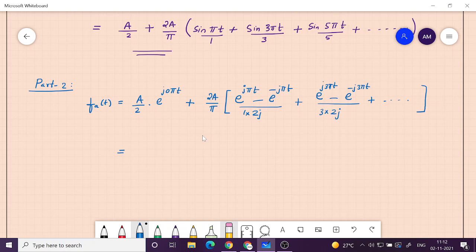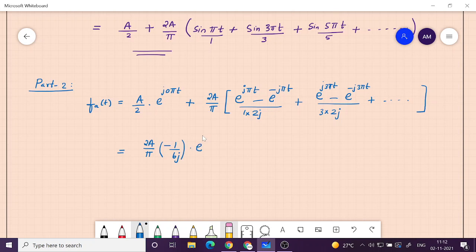So if you collect all the terms corresponding to e raised to, let me just do that. So there is a 2a by pi, 2a by pi, and then apart from that I have minus 1 by 6j.